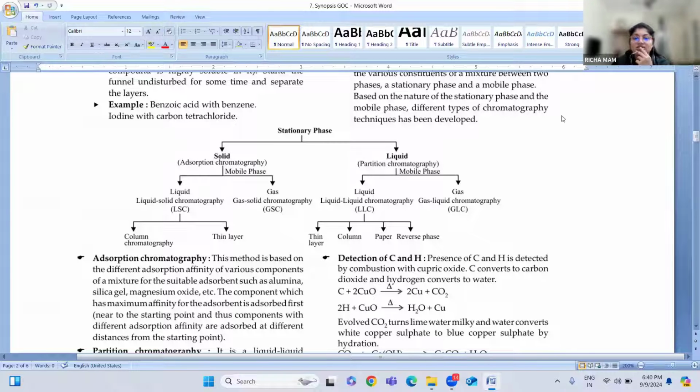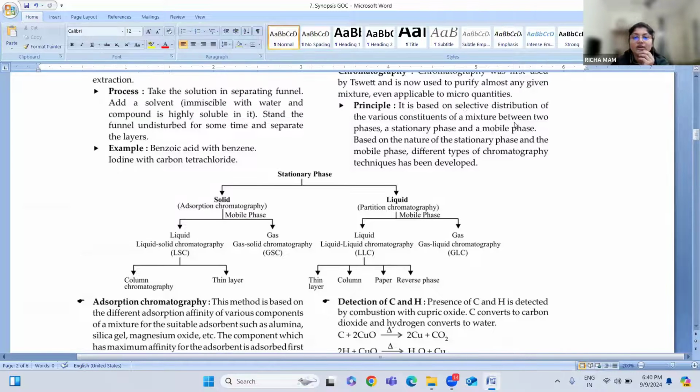The stationary phase is a fixed phase, and the mobile phase is a solvent. It will run through the paper or whatever stationary phase you are taking. It depends on the distribution of various constituents of the mixture between these two phases.